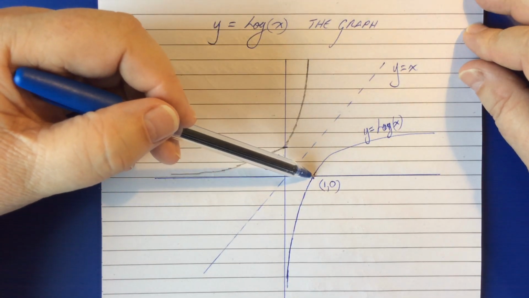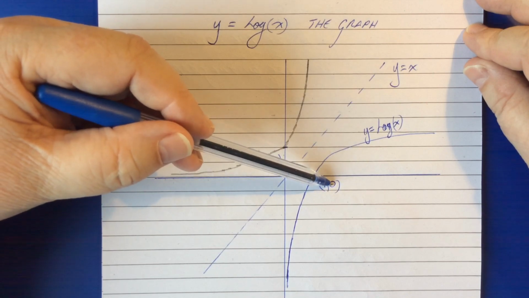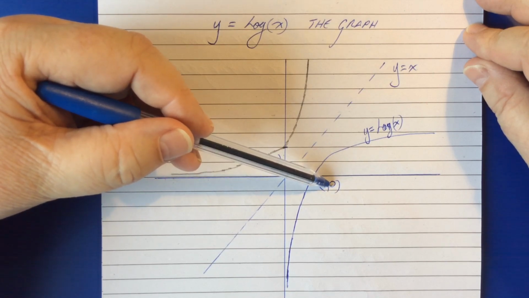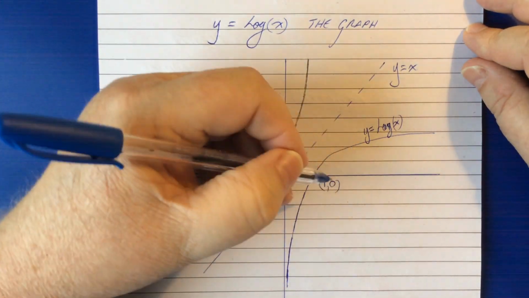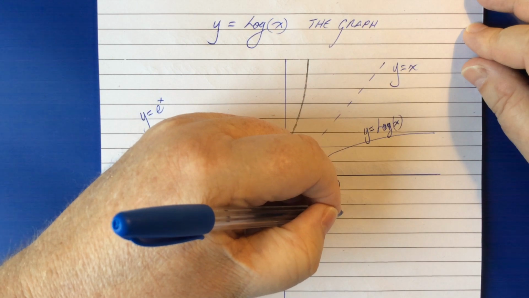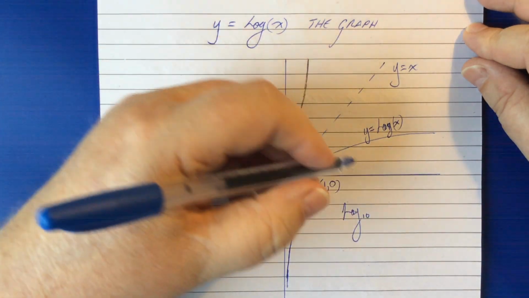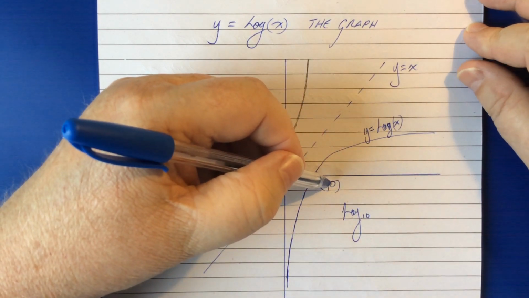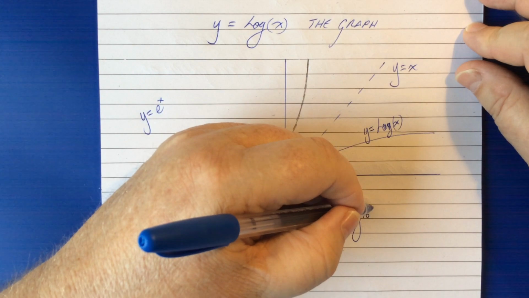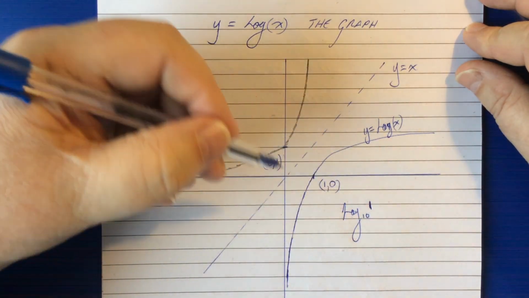So the question is, why, if we put 1 into this, do we get 0? Well, that comes down to basic logarithms. Let's just assume that we're in base 10. What is the log of 1 in base 10?